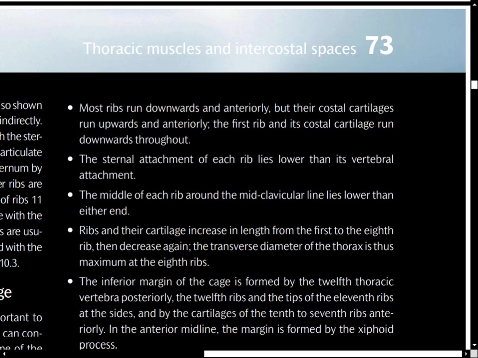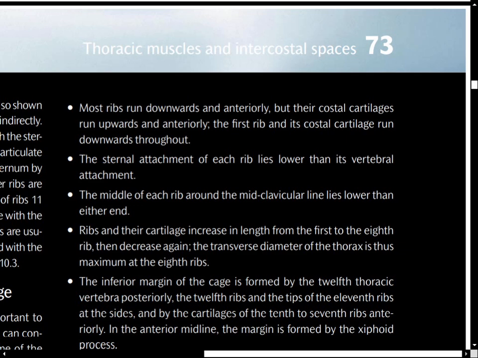The first rib and its costal cartilage run downward throughout. The sternal attachment of each rib lies lower than its vertebral attachment. The middle of each rib, around the mid-clavicular line, lies lower than the other end.